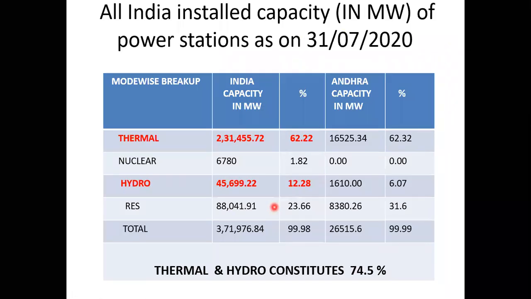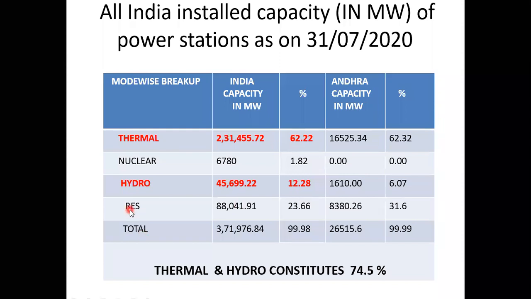This slide represents the all India installed capacity for different types of power plants. The thermal power plant constitutes 62.22% of India's installed capacity. Nuclear is a very small contribution, only 1.82%. Hydro constitutes 12.28%.